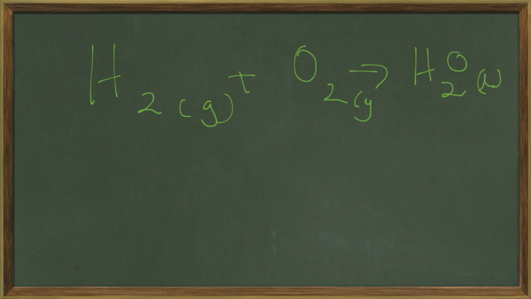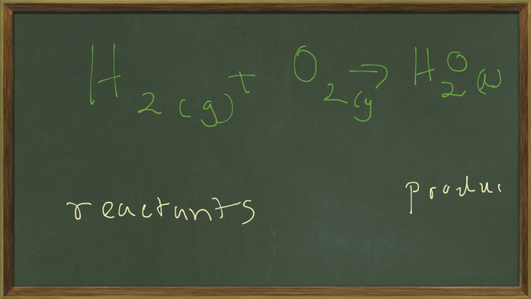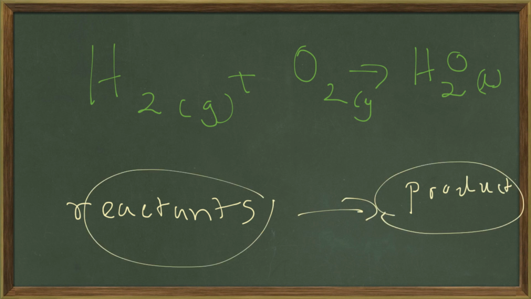So now let's see, I told you these are reactants, these are products. Reactants react and generate products.